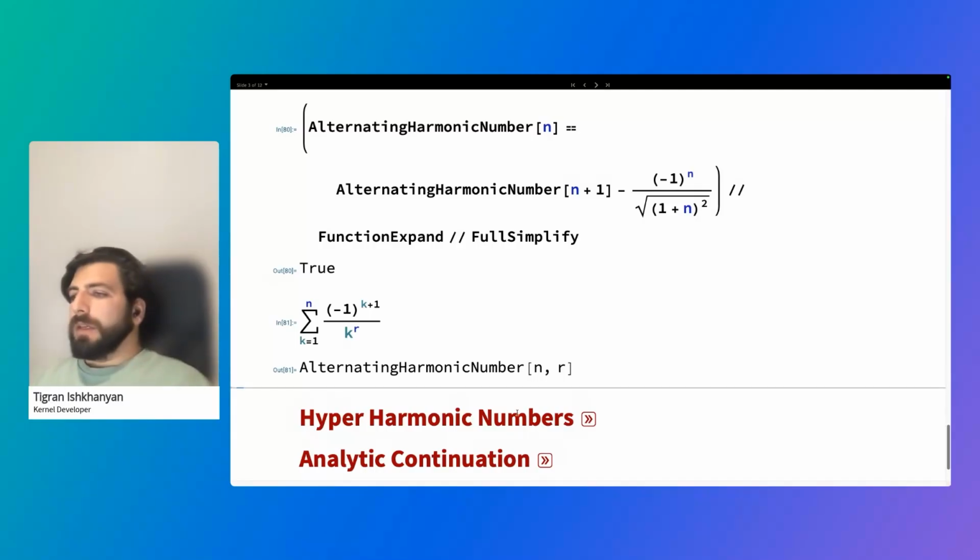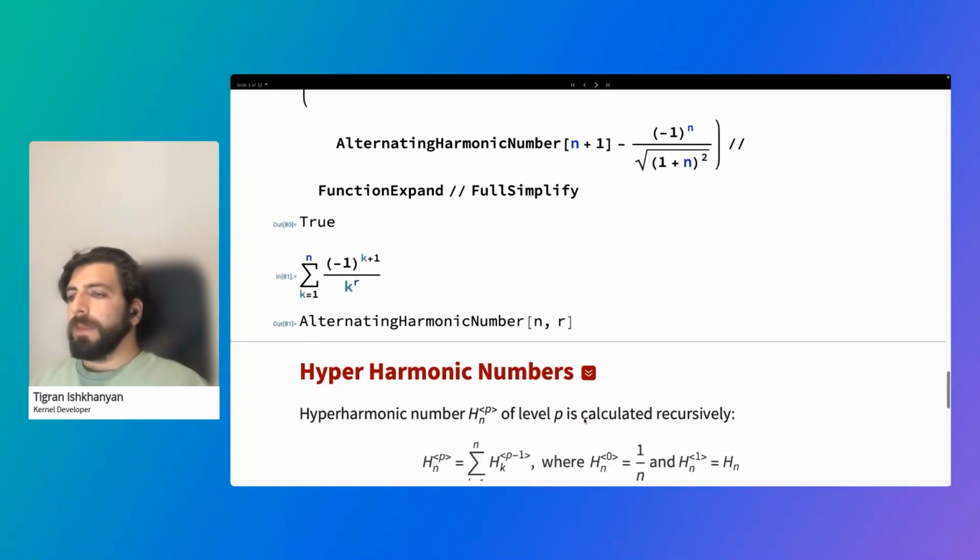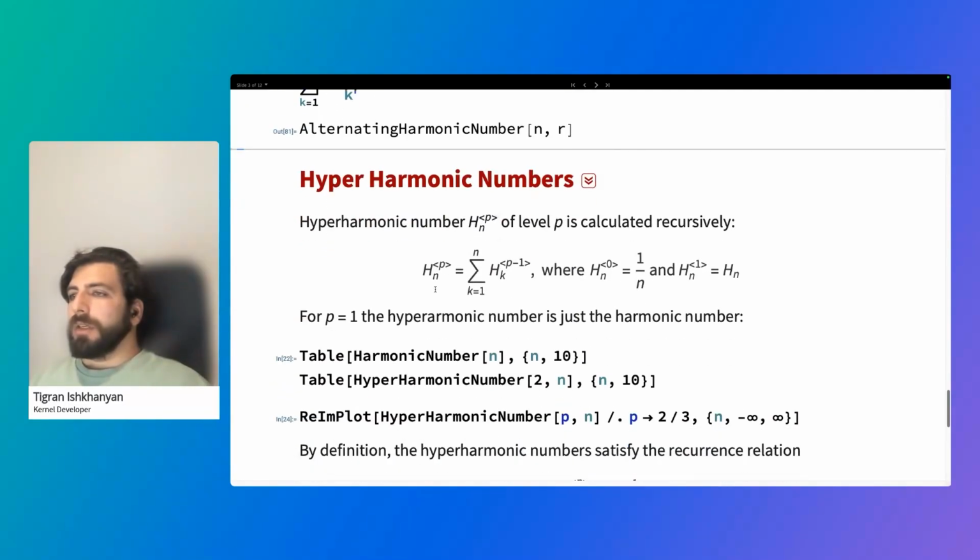The next step connected with harmonic numbers are the hyperharmonic numbers, and these are calculated recursively using this formula. Here we have a parameter called P, which is the level of the hyperharmonic number.